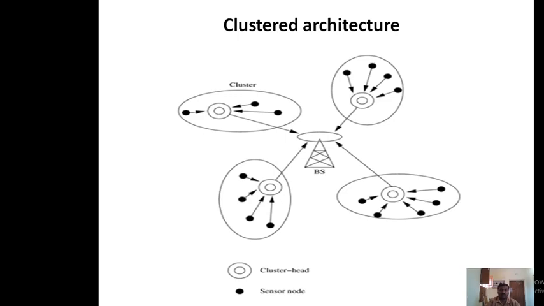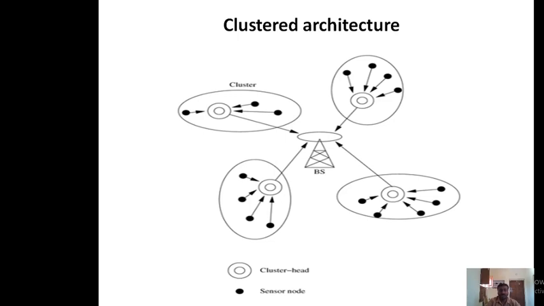Clusters means homogeneous types of nodes, or some group of nodes, are formed as a cluster. In each cluster, one of the nodes acts as a master. All the other nodes communicate with that master node, and that master node communicates directly with the base station. With the help of the base station, one cluster's nodes can communicate with other clusters' nodes.